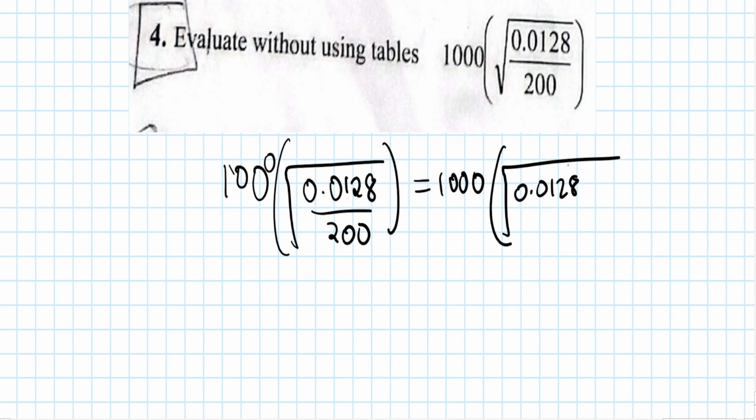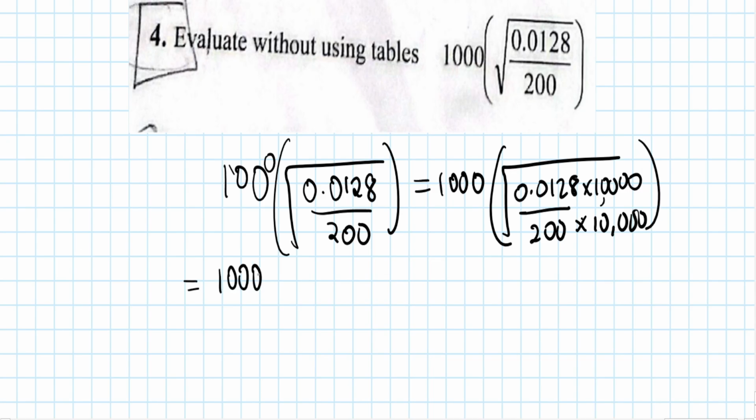0.0128. To remove the decimals, obviously you know what to do. You multiply by the 4 zeros, which is 10,000. So also multiply by 10,000 here. We're going to have 1,000 times square root of 128 all over 200, and just write times 10,000.